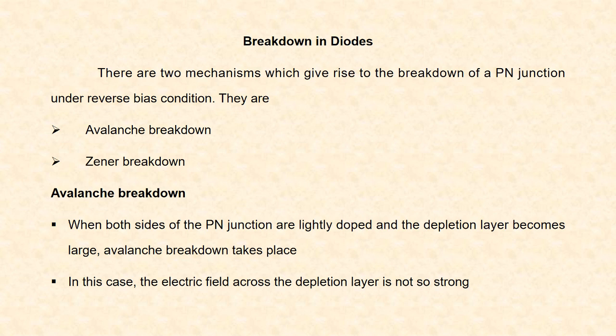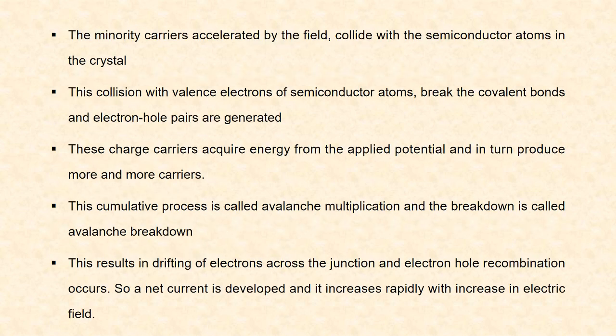If you see avalanche breakdown, it occurs when both sides of a PN junction are lightly doped and the depletion layer becomes large. In this case, the electric field across the depletion layer is not so strong. The minority carriers, accelerated by the field, collide with the semiconductor atoms in the crystal.